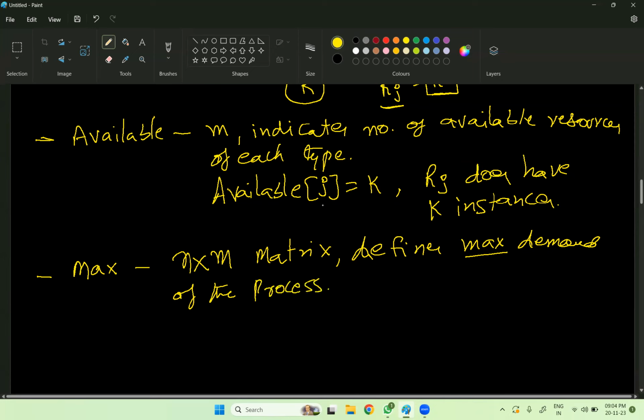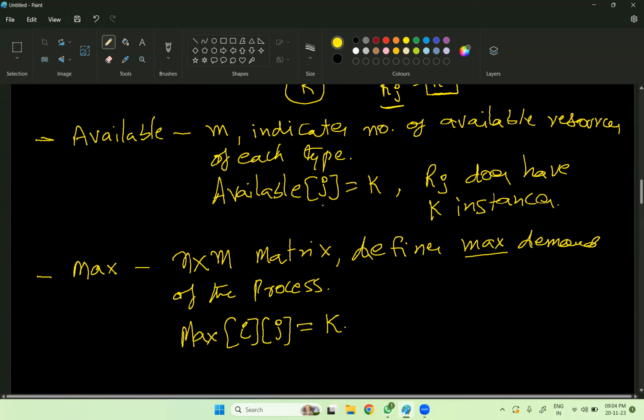Look at this. Let me write something like this. For example, maximum of i comma j, in C notation, equals k. What do you mean by this?